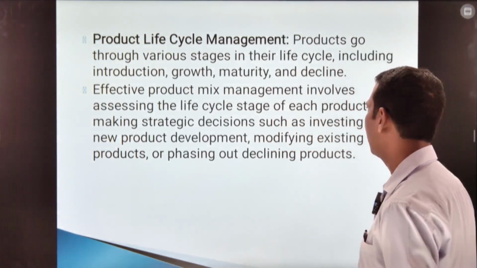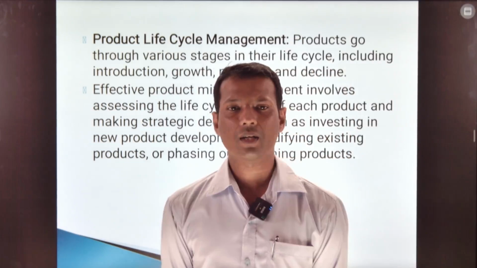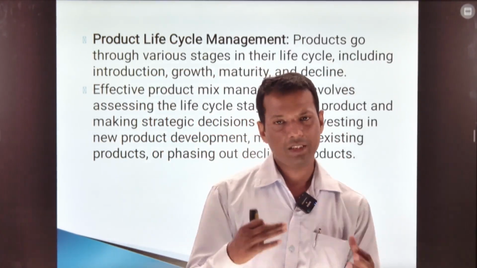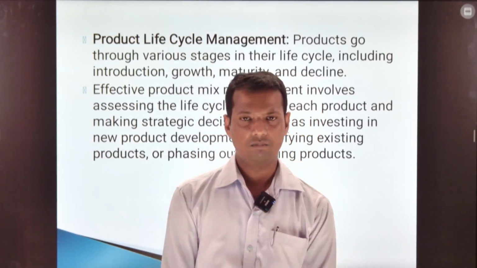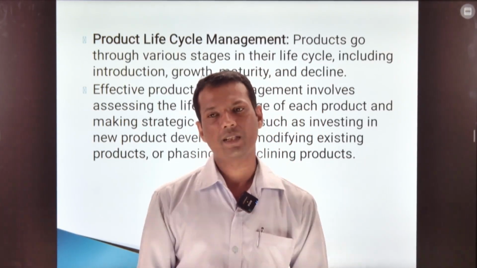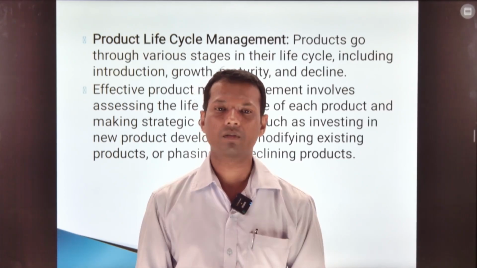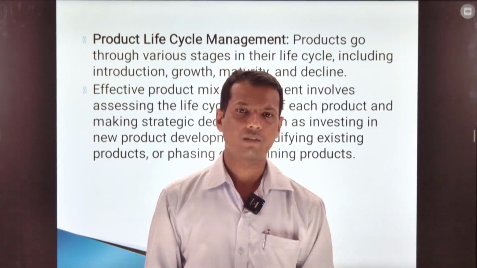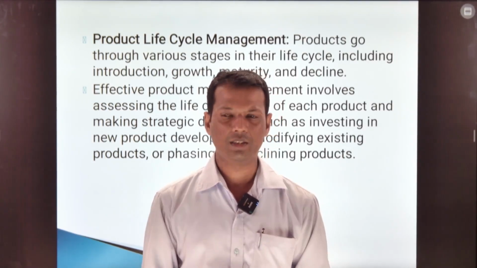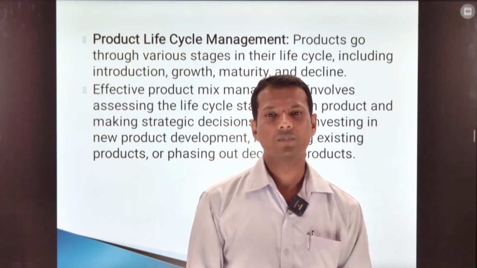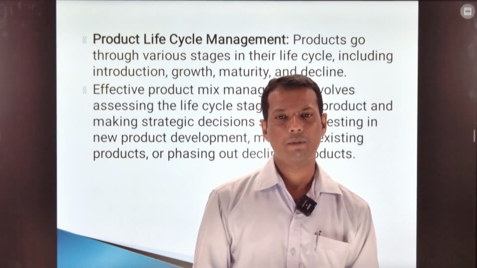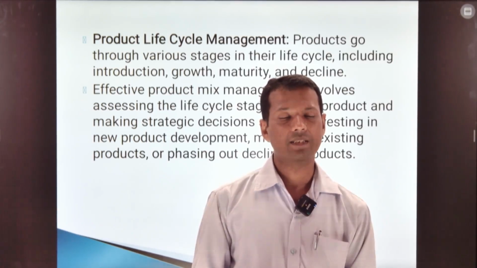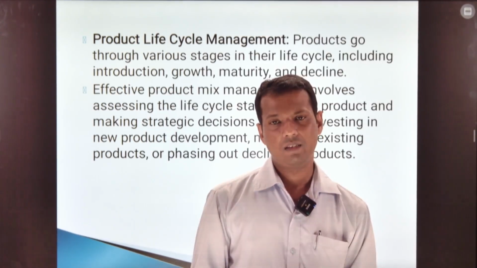Product life cycle management. What do you mean by product life cycle management? Everything has a life cycle. For example, if we talk about the Maruti 800, once upon a time it was one of the best ever cars in India, held as a family car. But like all products, it goes through various stages of the life cycle.